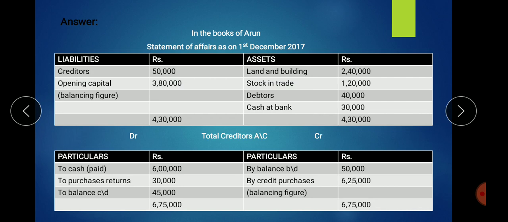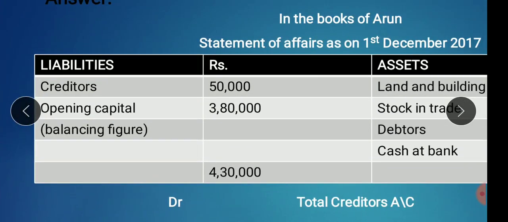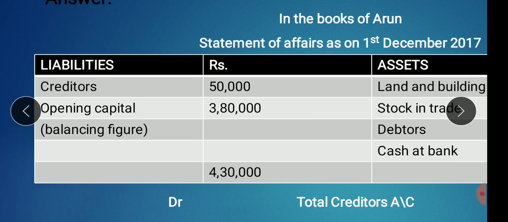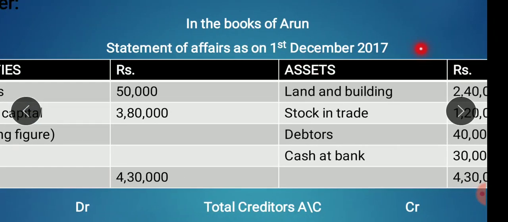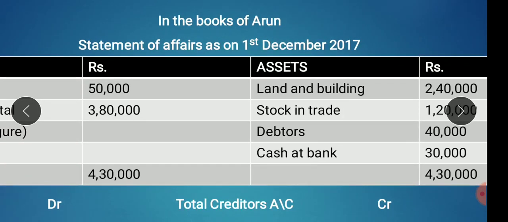The first one, statement of affairs as on 1st December 2017, showing the balance sheet method. On the left hand side liabilities items will appear and on the right hand side the assets. Liability side: creditors 50,000, and asset side: land and building, stock in trade, debtors, cash at the bank.